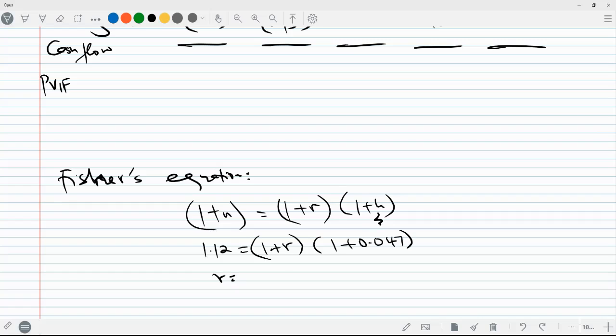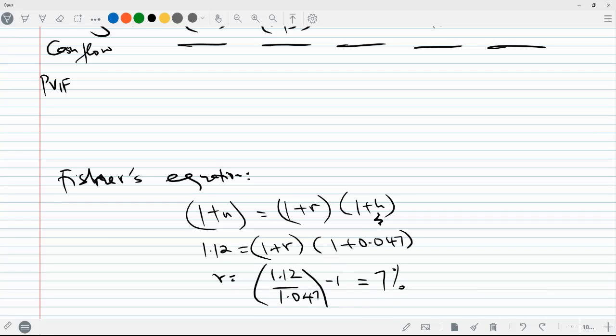Therefore r is equal to 1.12 divided by 1.047 minus 1, in percent. What do you get? Exactly 7%. It's 6.97, so 7%. Therefore we discount at 7%.